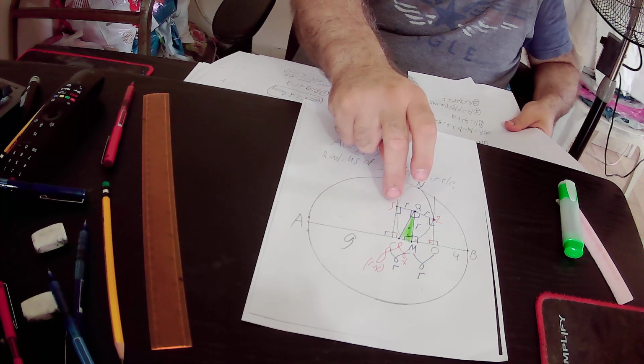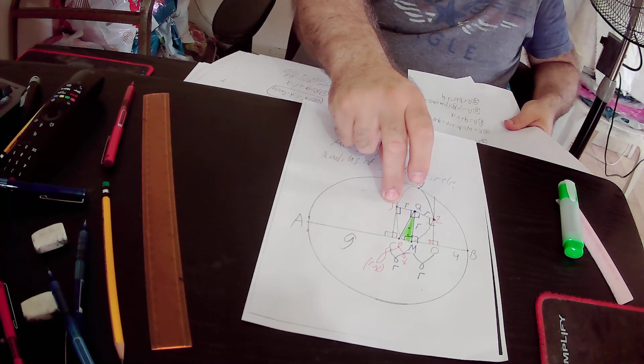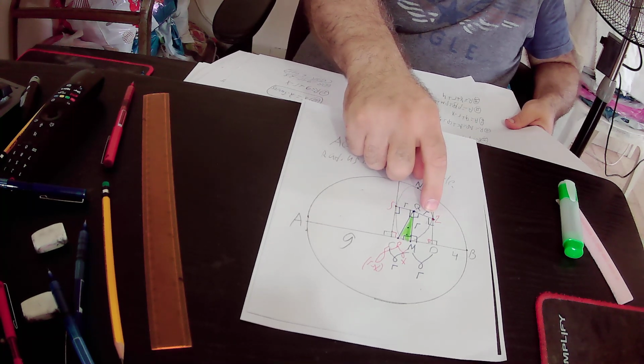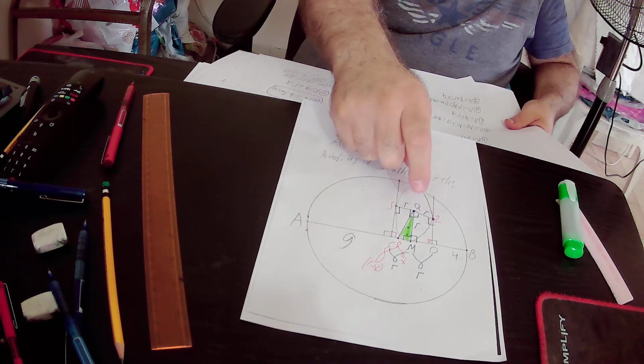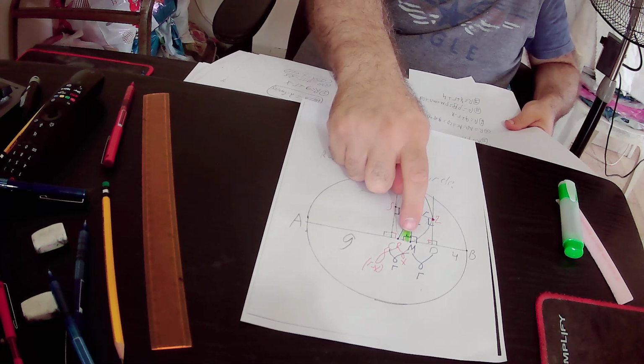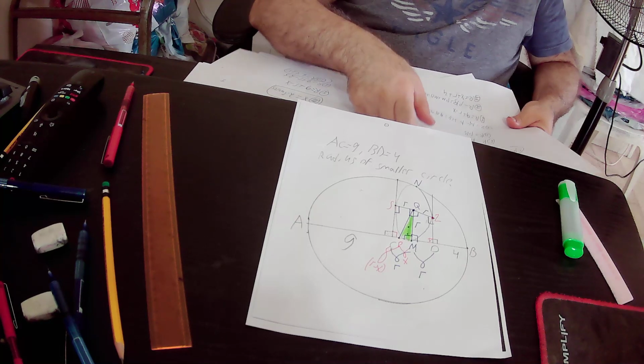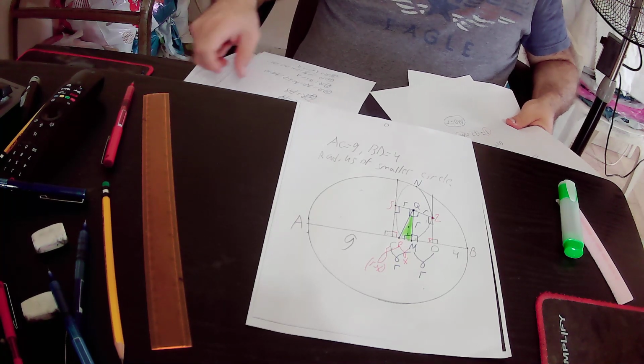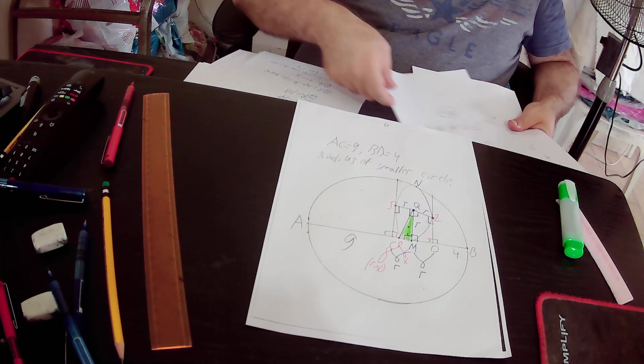Here it touches the circle at point S, that is the launch point. Here it touches the circle at point Z, that is also the launch point. And here the radius touches the circle at point M, that is the launch point between the circle and its tangents.